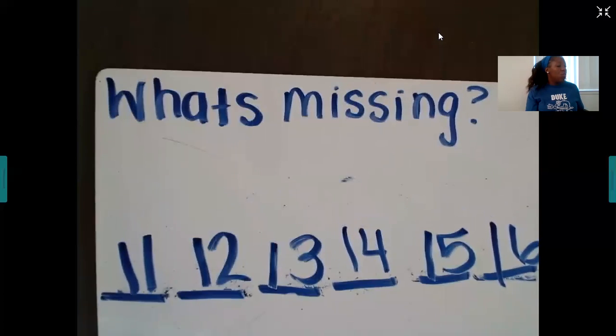I want to show you one more example and way that you can help yourself count your teen numbers in order to help you learn what's missing and where they go easily. Okay?